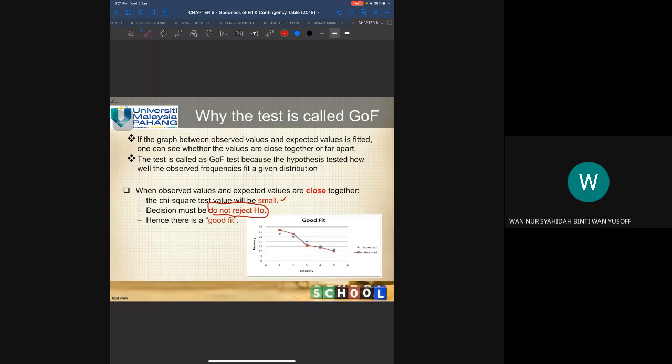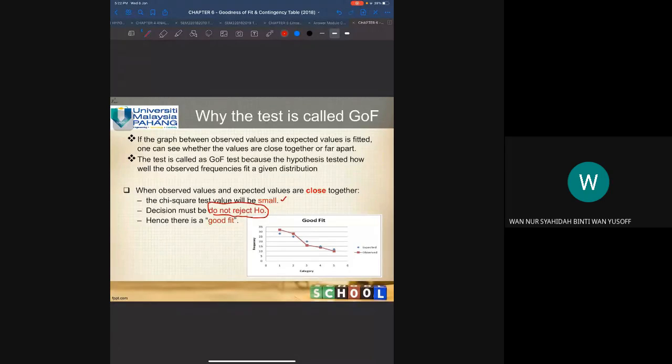When we compare the actual performance with the expected performance, we need the actual performance to be close to the expected performance, because the expected performance is based on the distribution given. So the actual performance needs to be close to the expected performance, so that it is a good fit.